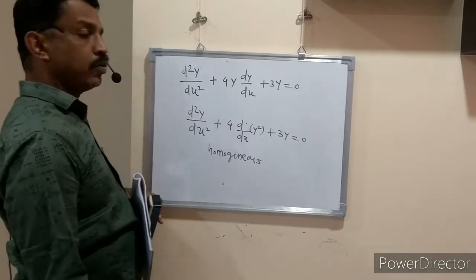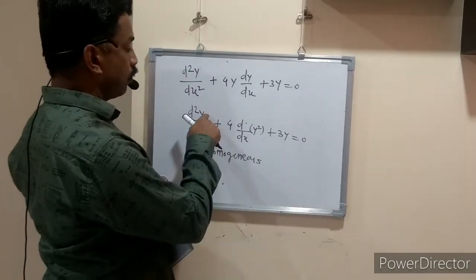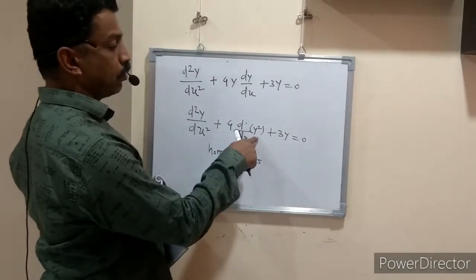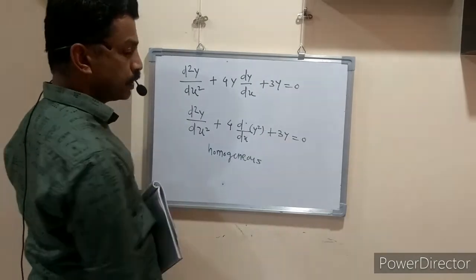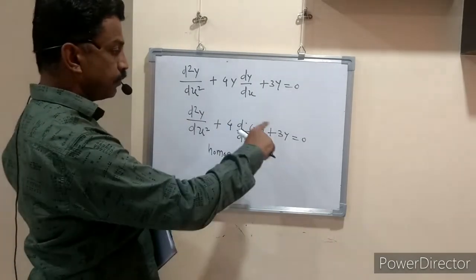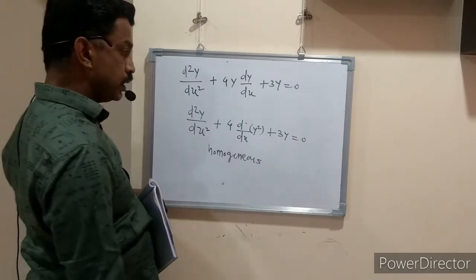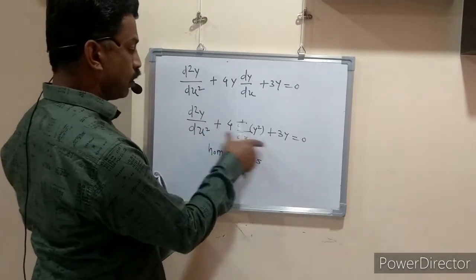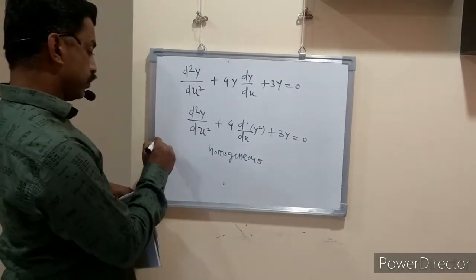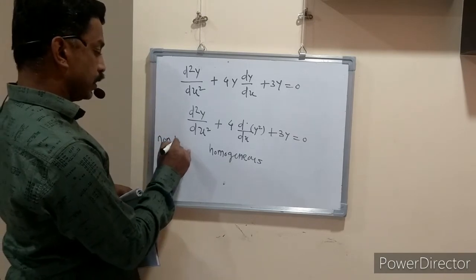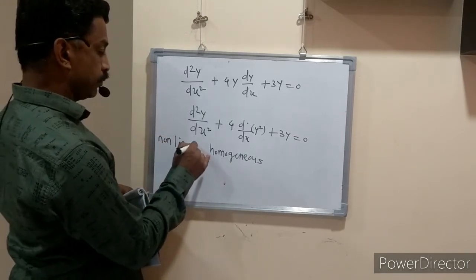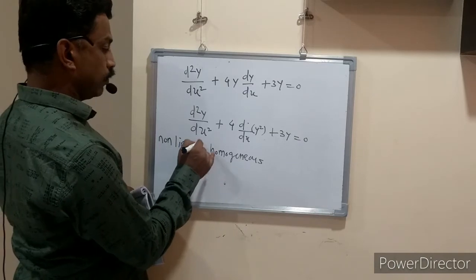Now linear or non-linear: here the power of y is 1, but here the power of y is 2, here the power of y is 1. If the power of y is 1 everywhere, then it is linear. So this is a non-linear homogeneous equation. Why non-linear?